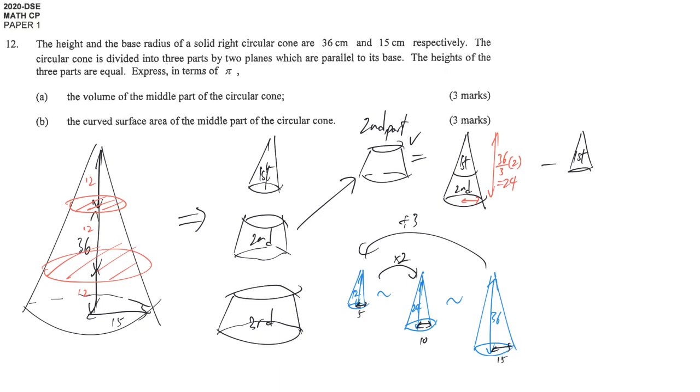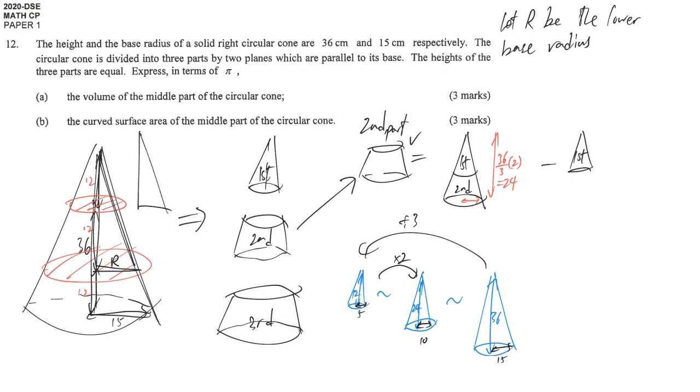In our actual presentation, you may let this base radius be R. So let R be the lower base radius. And then we just consider 2 similar triangles. The first one is this cross section. The second one is the larger one.